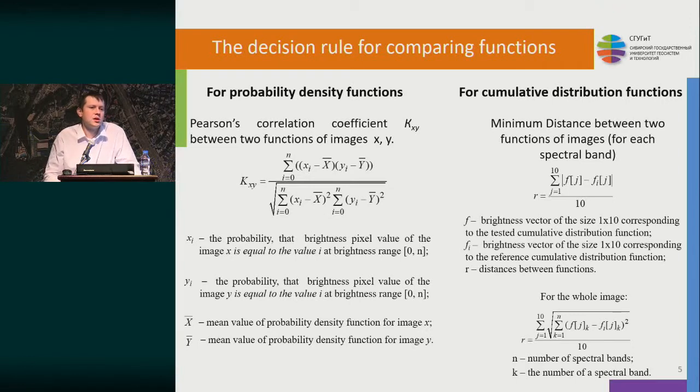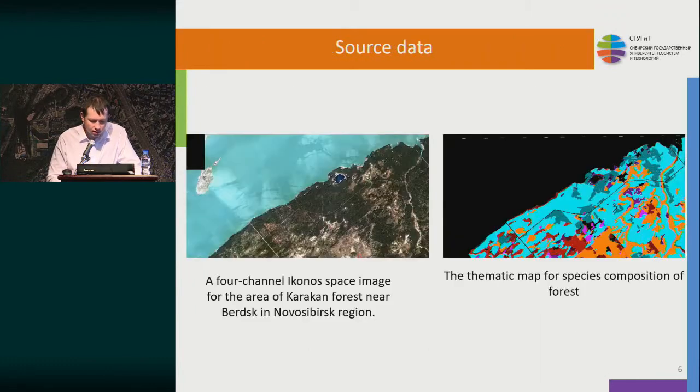In other words, 4D application. 4 bands, we know that there can be more channels, like 6. If it's 6 channels, then it'll be a 6D function. The testing of the results was done based on 4-band images.